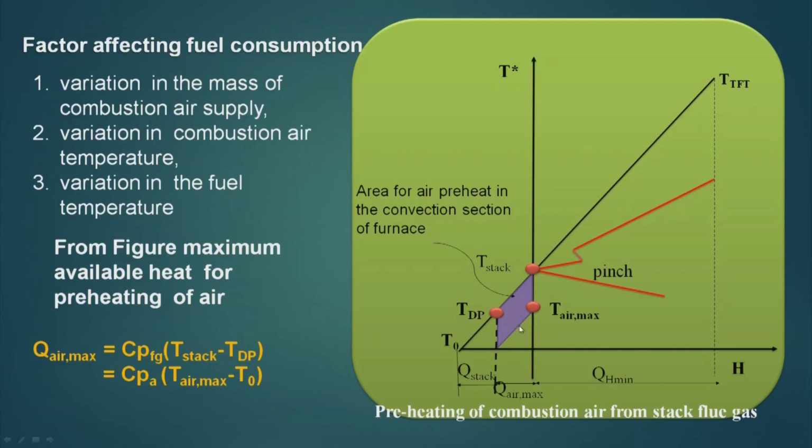That means from T0 to Tr max the air can be heated, and obviously Tr max will be a little bit less than the TDP, or maybe to be calculated based on the economic analysis, because this is a counter current heat exchanger, this is in this direction, this is in this direction.